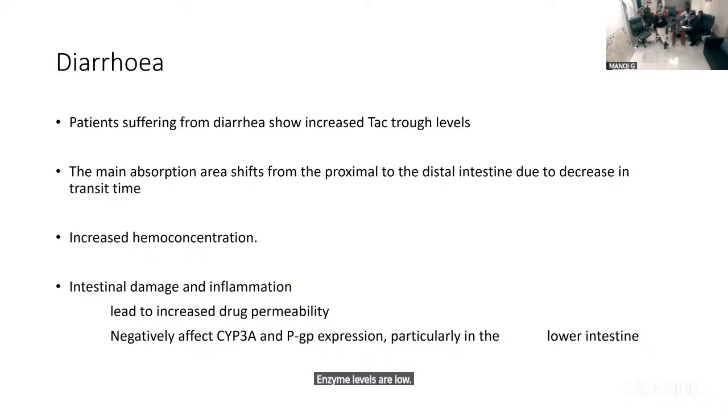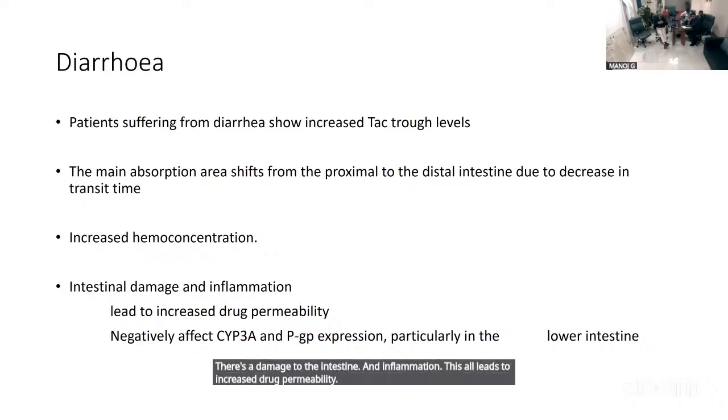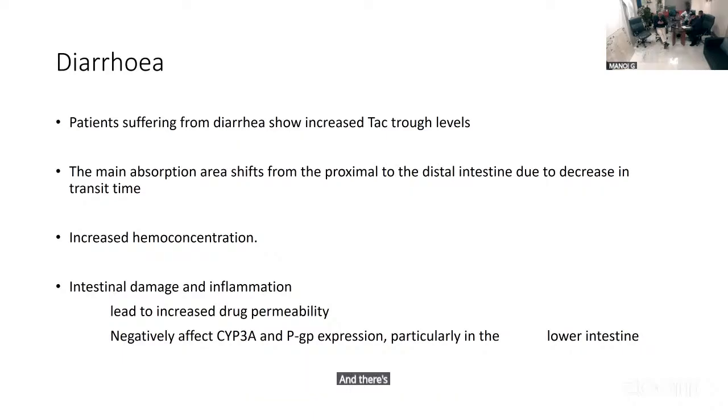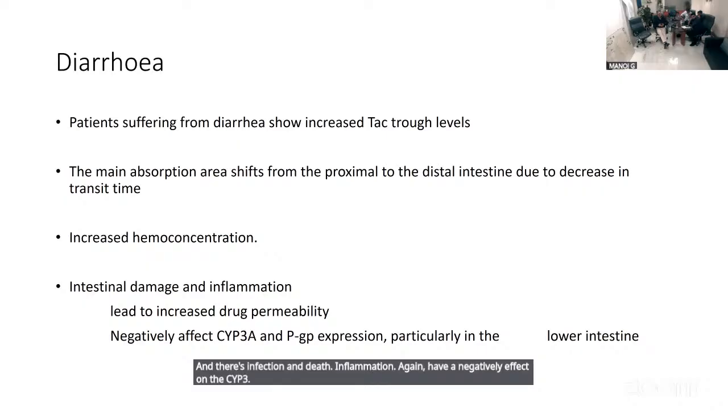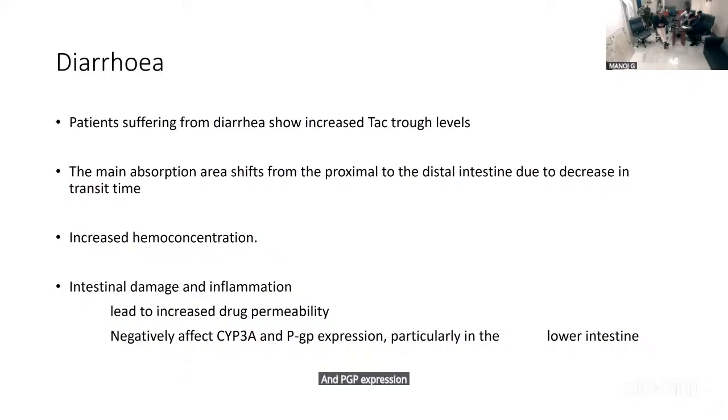In diarrhea, there's also hemoconcentration, damage to the intestine and inflammation. These all lead to increased drug permeability. And infection and inflammation again have a negative effect on CYP3A and PGP expression. That means the activity of these will be lowered.